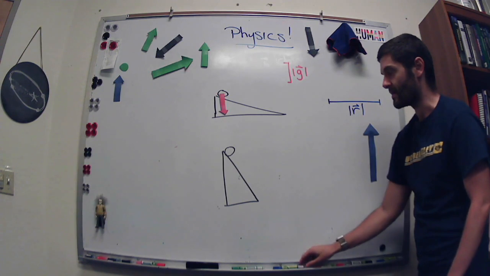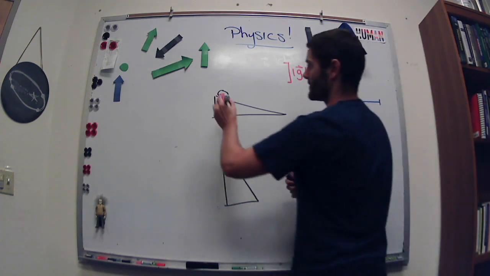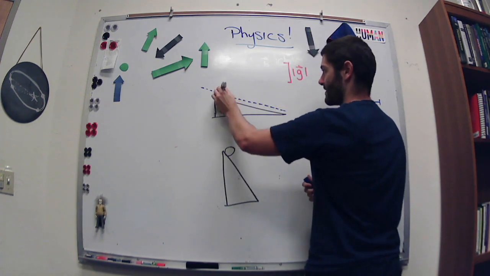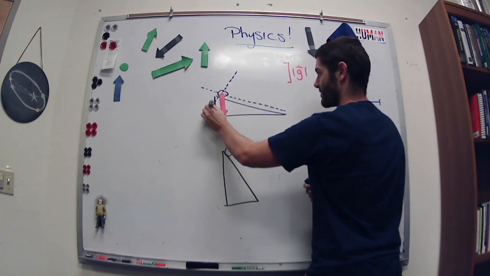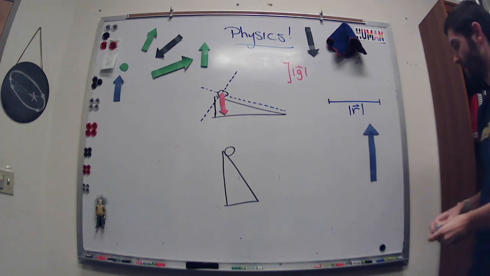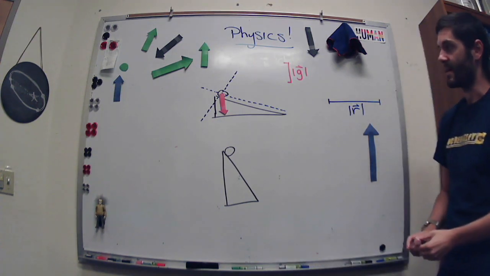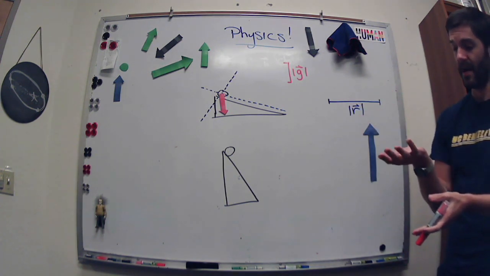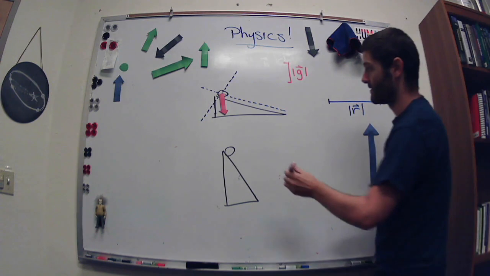So what might be effective here is to have my coordinate system go along the ramp and then a coordinate system that goes perpendicular to the ramp. I can ask how much the gravity vector points along the ramp versus into the ramp.